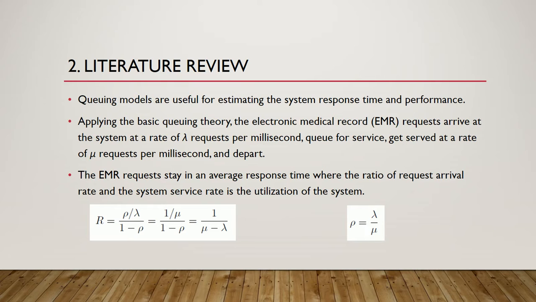The queue server gets served at a rate of mu requests per millisecond and departs. The electronic medical requests stay for an average response time, where the ratio of request arrival rate and the system service rate is the utilization of the system. And the equation below is the relationship between response time and the lambda request rate and the mu service rate.